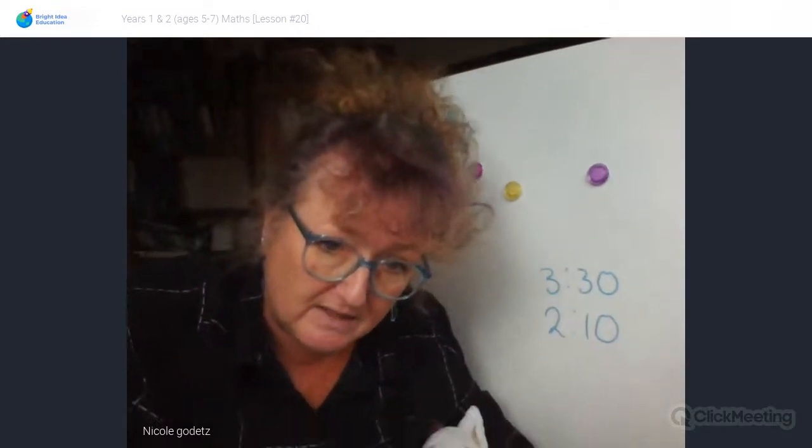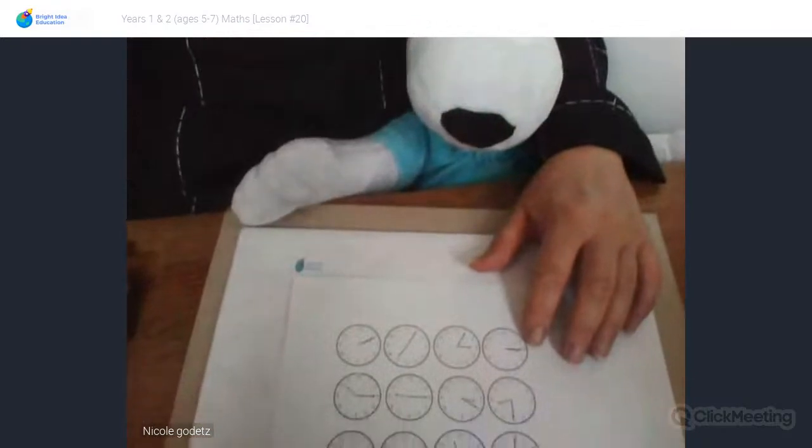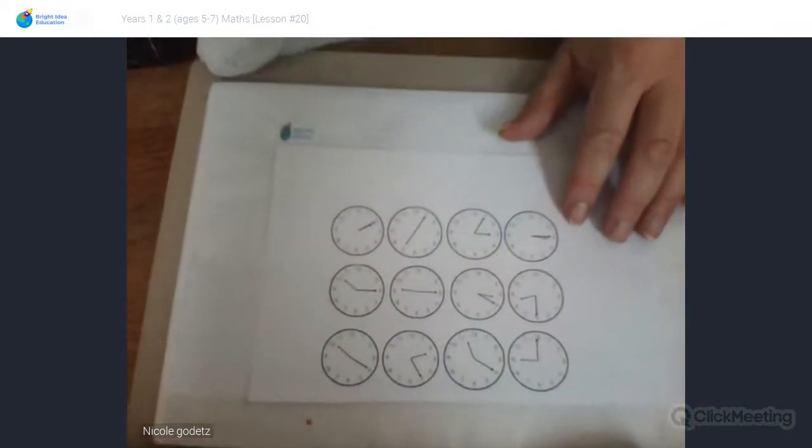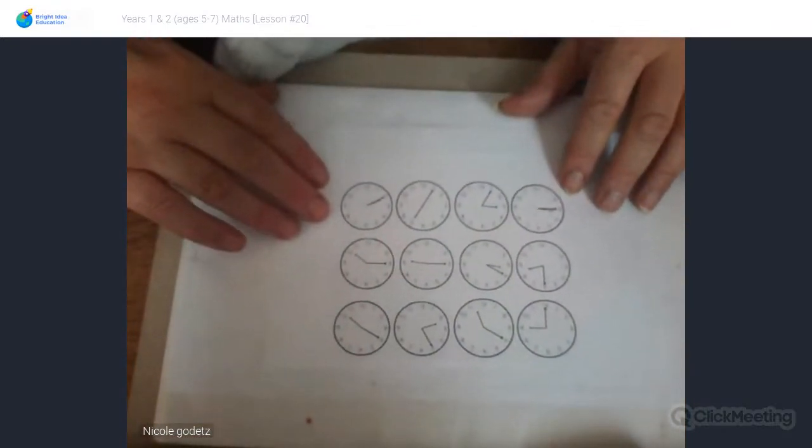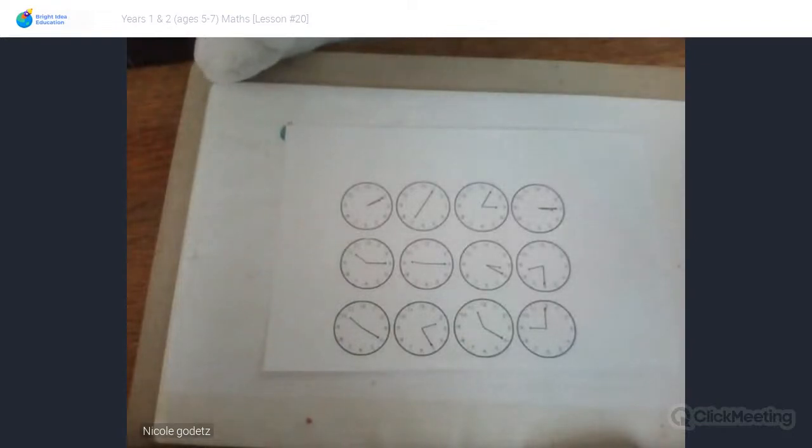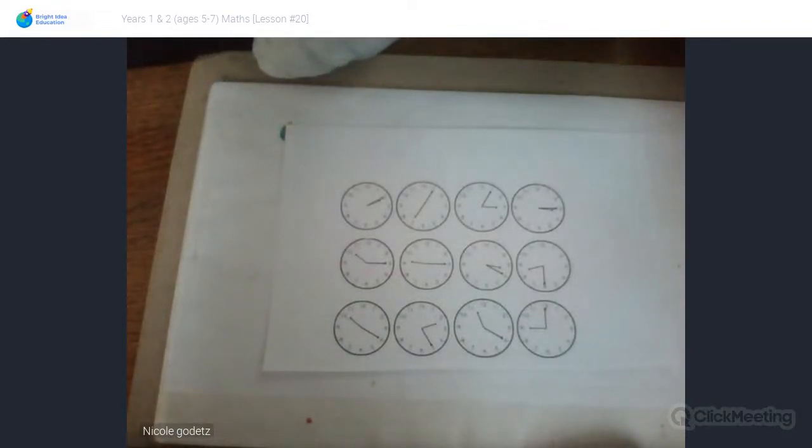If I drop you down here, you can see the clocks. Just checking that you can see the clocks. I want you to choose 3 times that you can see on the clocks and write them down.